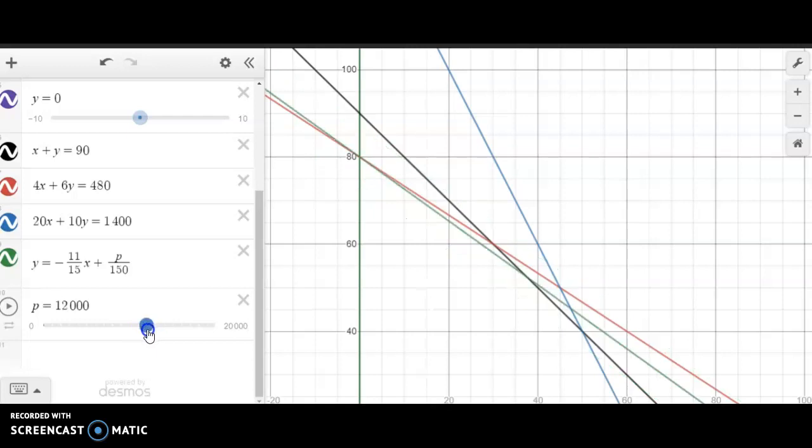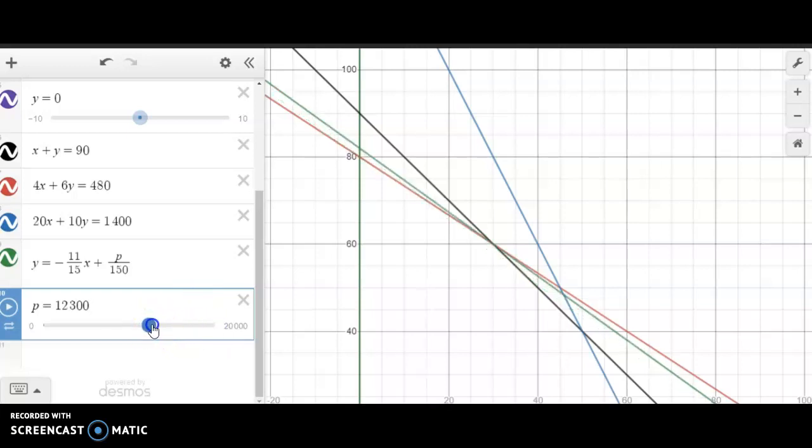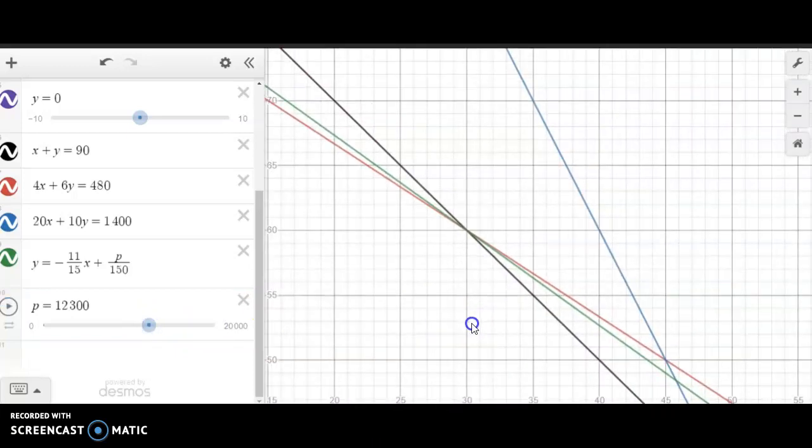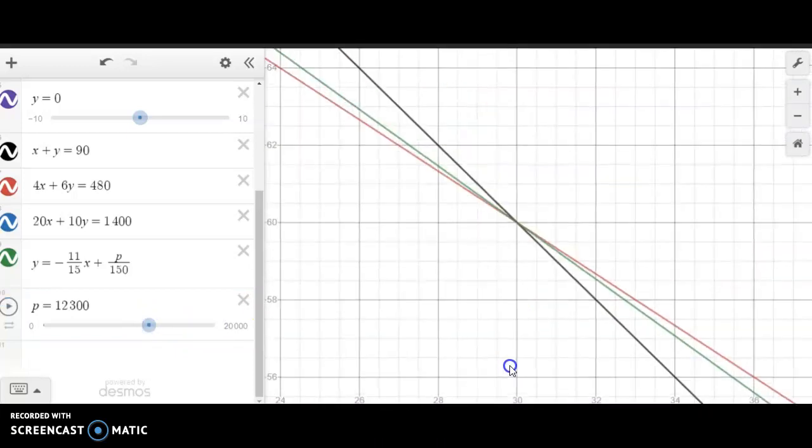And you can see we are beginning to exit the feasible region here. I'm going to make this go by 500s or hundreds. It looks like right about there is the last time that line is in the feasible region.